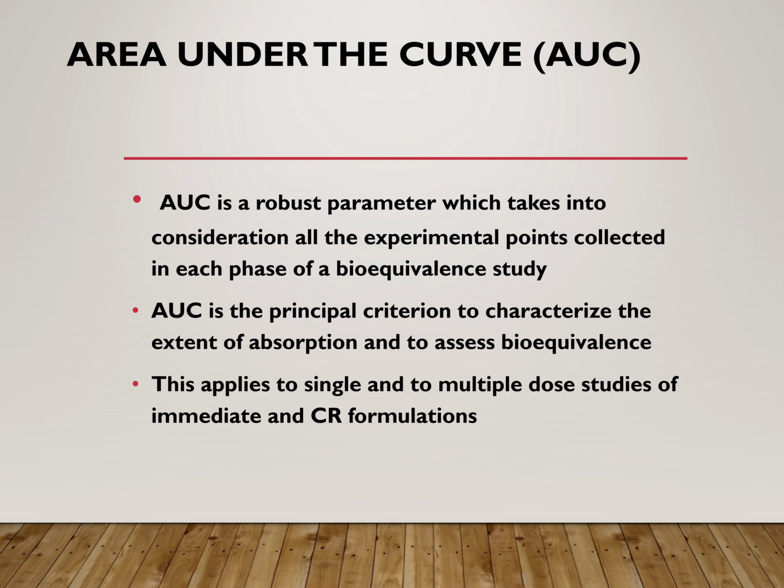So next is AUC. Like in the previous slide, we are discussing one by one. First is AUC, area under the curve. What is the official definition? It is a robust parameter which takes into consideration all the experimental points collected in each phase of the bioequivalence study.